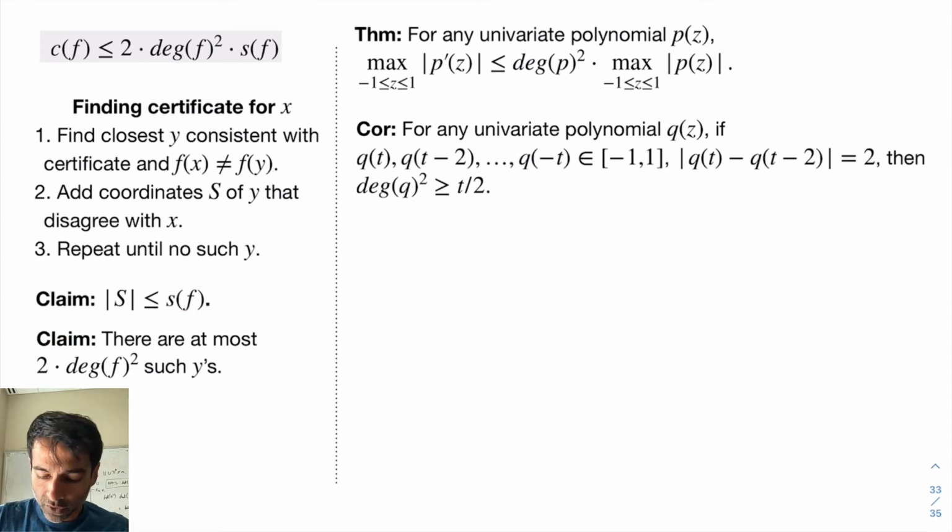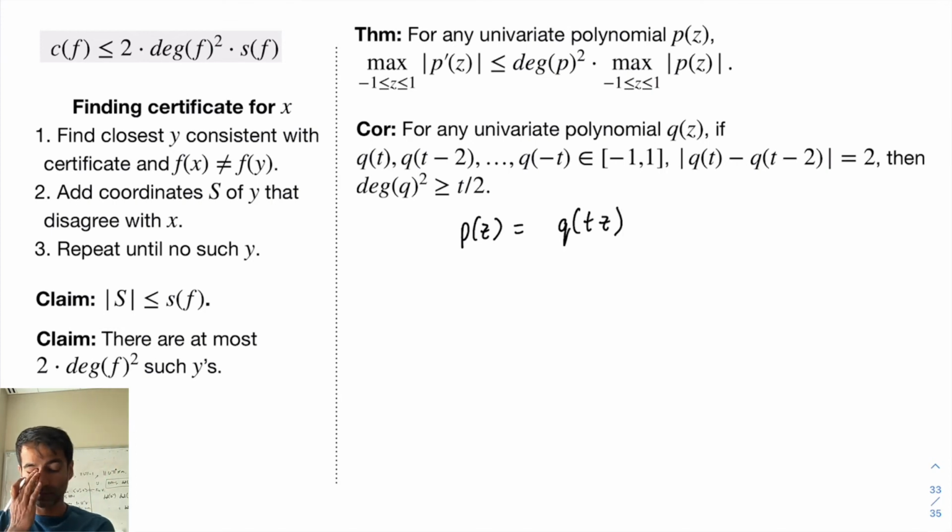Okay, so to prove the corollary, let's set p of z equal to q of t times z. Think of t as just a positive integer. So set P of z equal to Q of Tz. And now let's apply Markov's theorem.